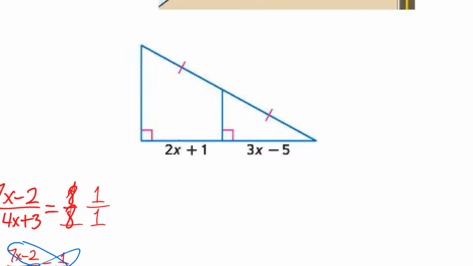Okay. So these two are going to be parallel to each other. They're both 90 degrees. So corresponding angles are congruent, then the lines are parallel. So it splits it proportionally. So I know 2x plus 1 is to 3x minus 5.